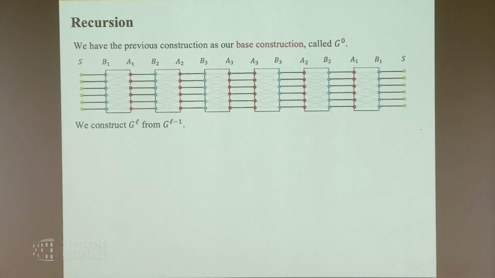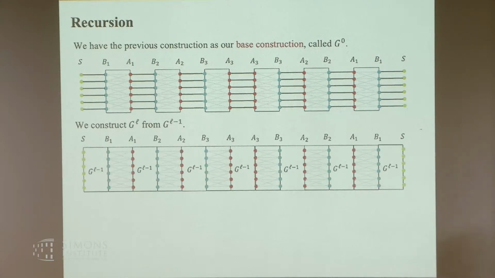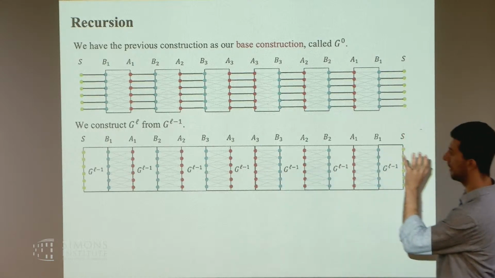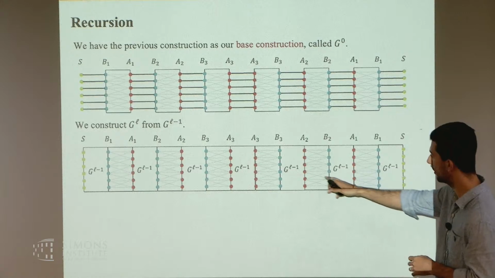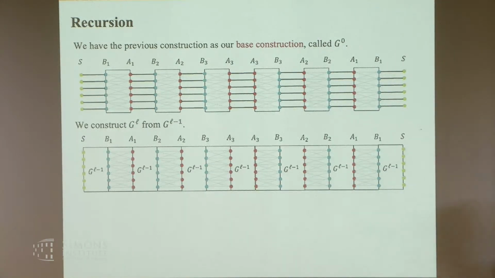And we construct GL from GL minus 1 in a way that, instead of having matching edges here, we embed one graph from the level below. So when we want to construct G1, we embed G0 in these gadgets instead of the matching. And this recursion happens for a large constant number of levels.